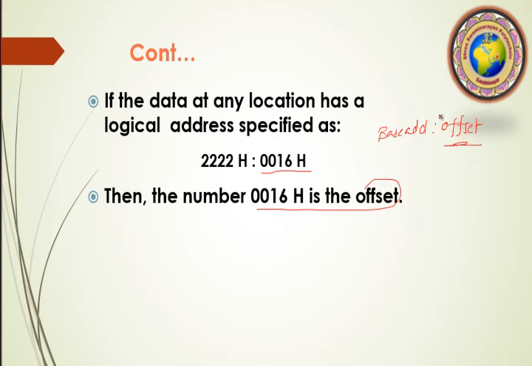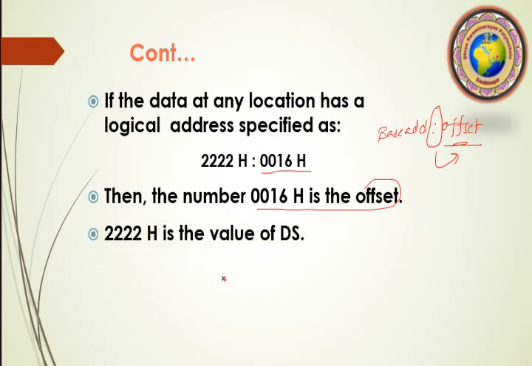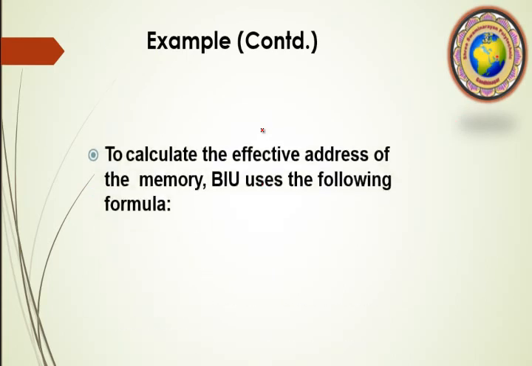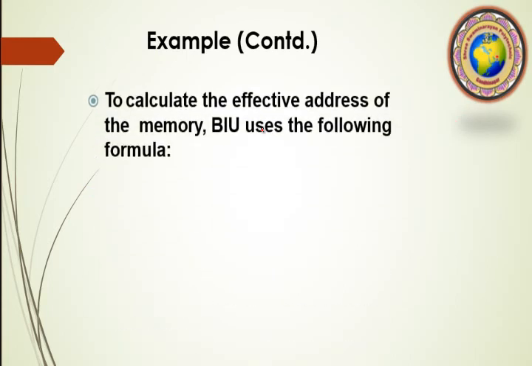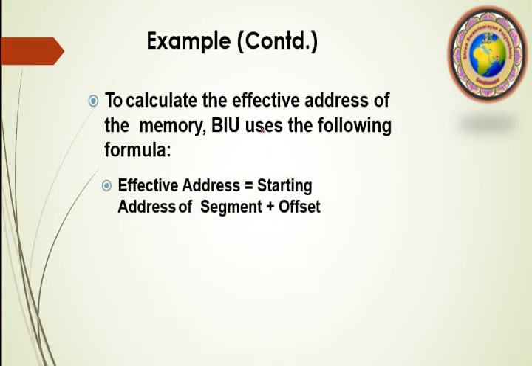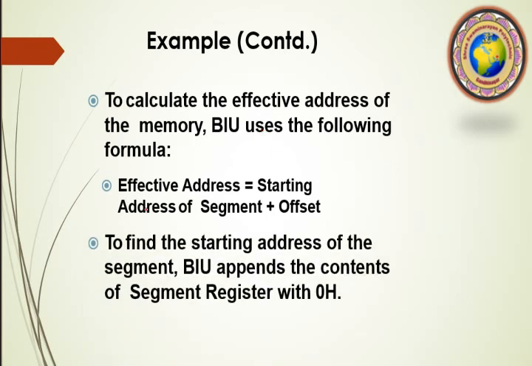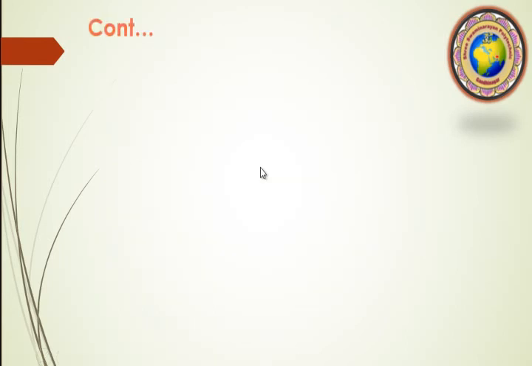This is the offset, and this is the value of DS as we took earlier. To calculate the effective address of the memory, the BIU uses the following formula: effective address is equal to the starting address of the segment plus offset. To find the starting address of the segment, the BIU appends 0H as we did earlier, and then adds the offset to it.